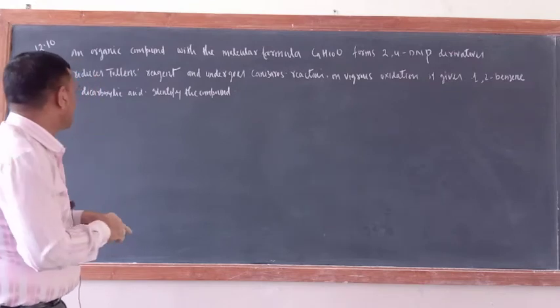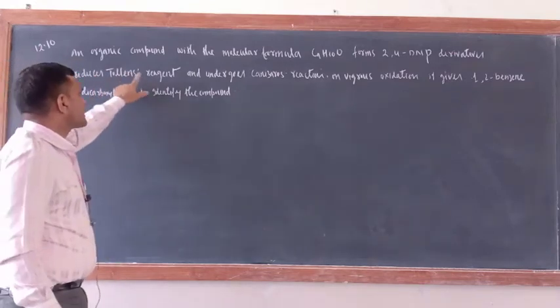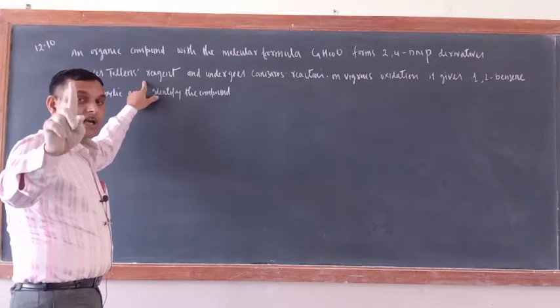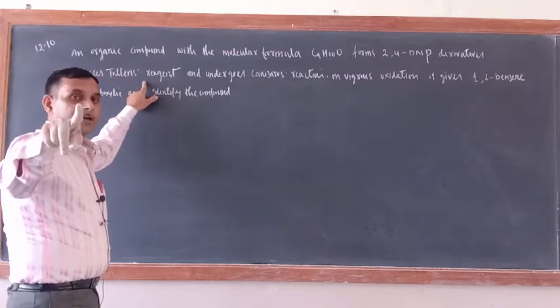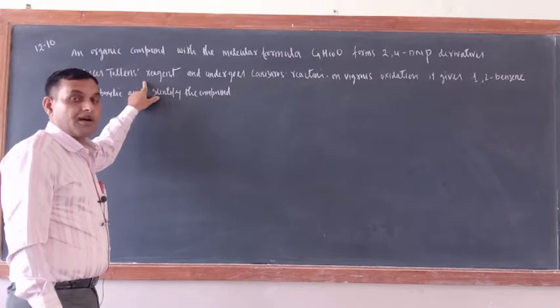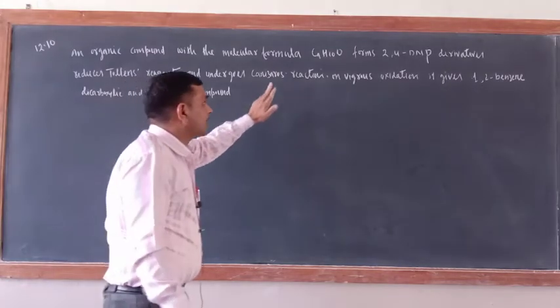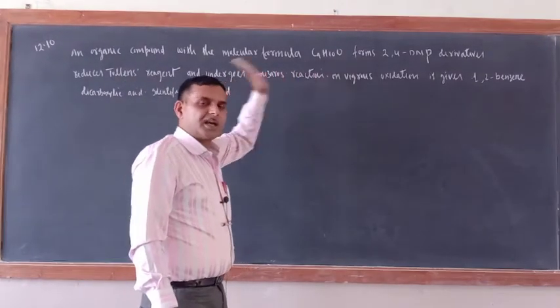Now the question is whether it is an aldehyde or a ketone. So just see, it further reduces Tollens reagent. Remember, an aromatic ketone does not reduce the Tollens reagent, but an aromatic aldehyde does. It means it is clear that this is an aromatic aldehyde.